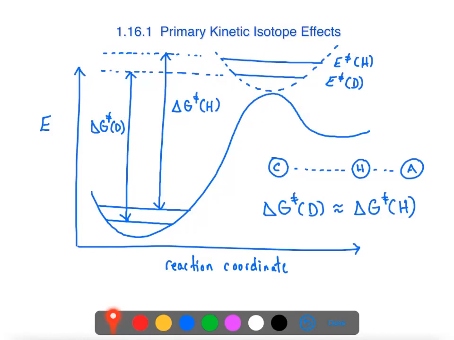And so overall, the difference in free energy associated with the CD to AD transition and the free energy associated with the CH to AH transition is going to be similar. So if these free energies are similar, then that results in the magnitude of those rate constants also being similar, which is why we see a ratio close to 1 for the endothermic reaction, similar to what we saw for the exothermic reaction.